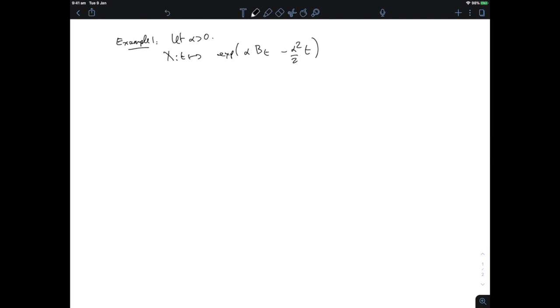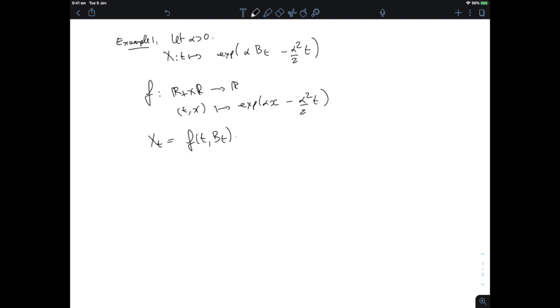So in order to do that, we consider a function of R plus cross R into R that sends t and x to exponential alpha x minus alpha squared over 2 times t, and our process X_t is going to be f of t, B_t.